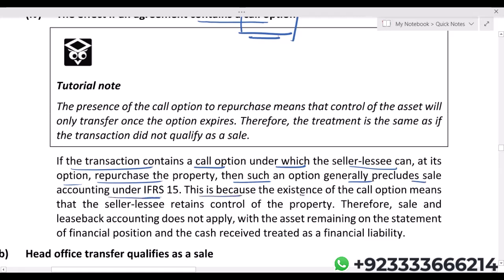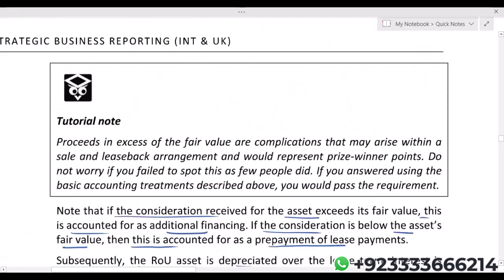This is because the existence of a call option means that the seller lessee retains control of the property. Therefore, sale and leaseback accounting does not apply, with the asset remaining on the statement of financial position and the cash received treated as a financial liability. I hope the entire accounting is clear to you.